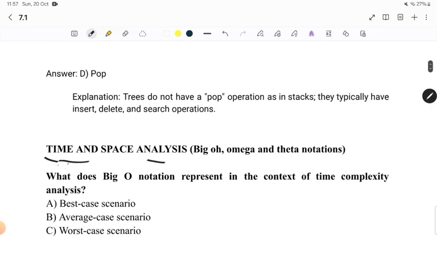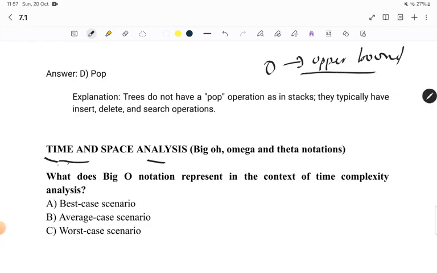What does big O notation represent in the context of time complexity? If you have studied the asymptotic notation for data structure, big O notation is always used to represent the upper bound, or the maximum time complexity of an algorithm, typically for the worst case scenario.